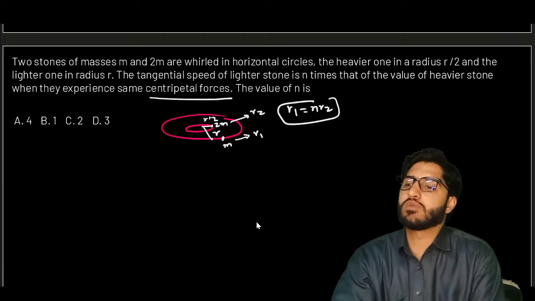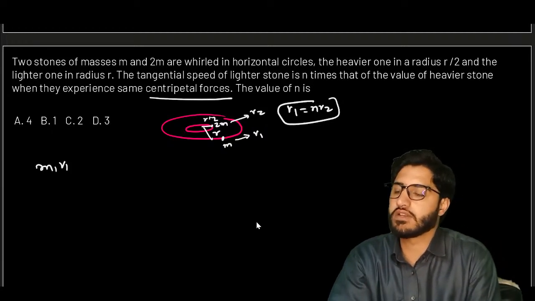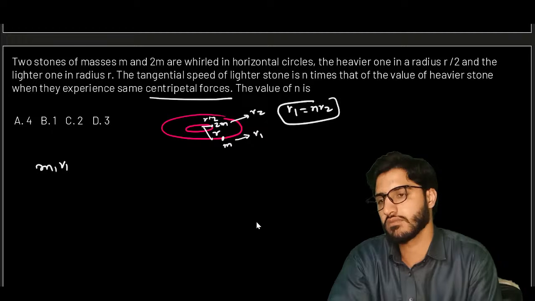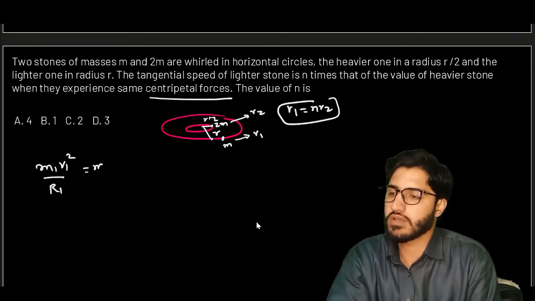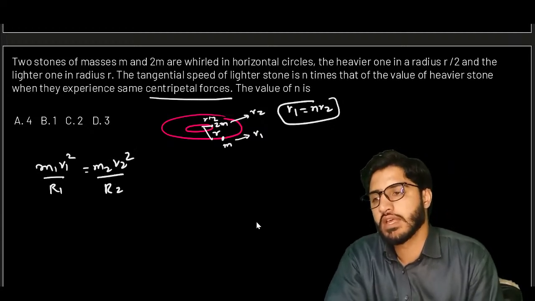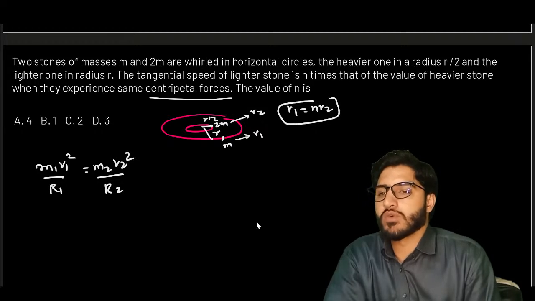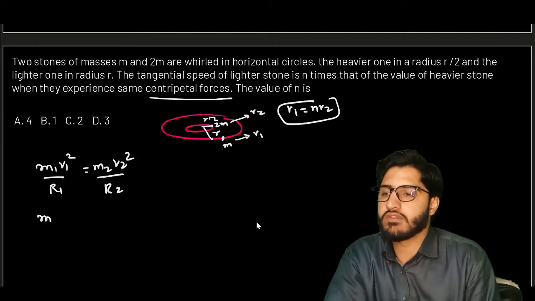Same centripetal force. So I can write m1 v1 square by r1 equals to m2 v2 square by r2. m1, let's suppose it is the smaller one, is m. v1 is v1 only, square.